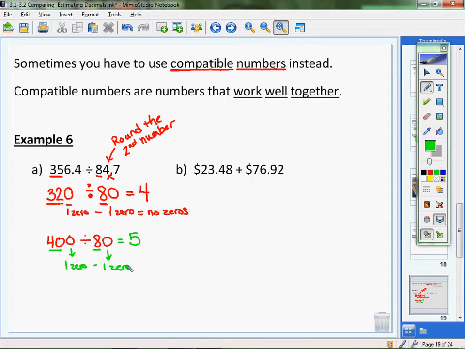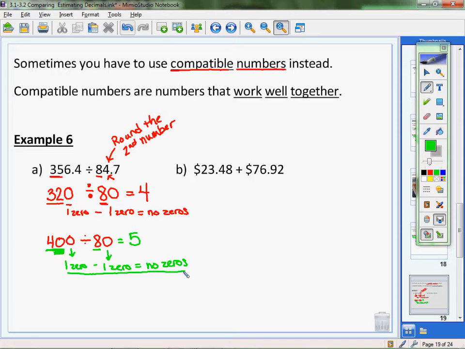So the answer is just 5 because we don't have any zeros left. What happens is people look and say, ooh, there are 2 zeros here, and 2 zeros minus 1 zero means that I'll have 1 in my answer, but that's not correct. The reason that we don't have a 0 in the answer is because when we did 40 divided by 8, we already used this first 0 for the division, so we can't use it when we're doing the subtraction part here.